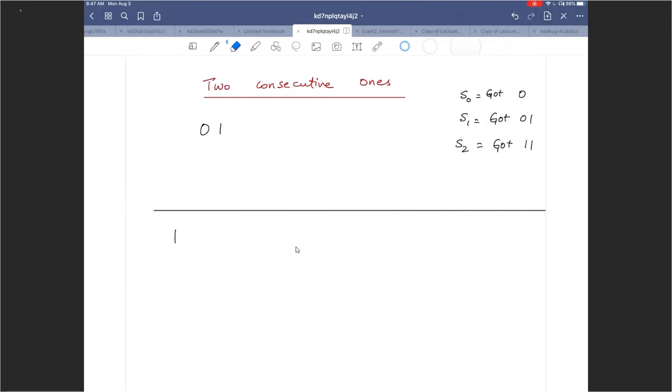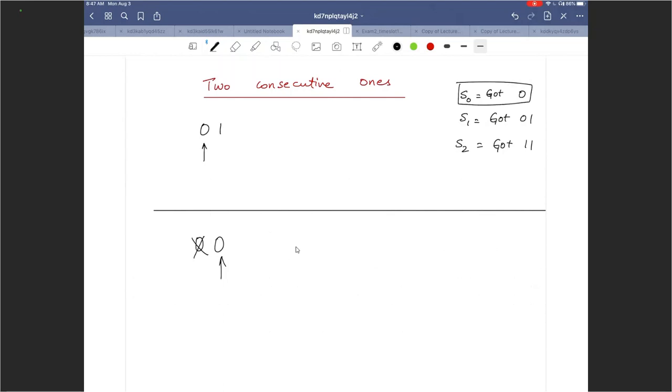So that's why I don't have a state for a 1; I always start with a 0. If I have another 0, I don't even need to keep track of it. I can make this my new state 0. That's why I only have S0 to cover both those cases.